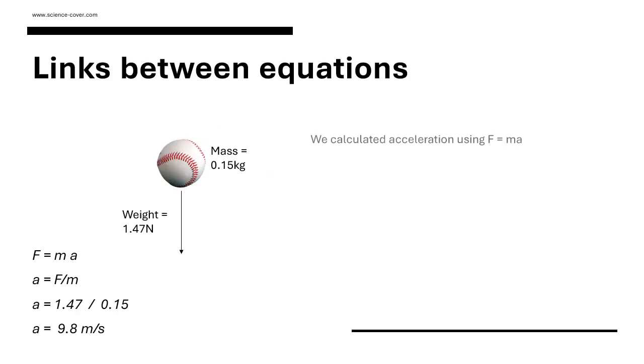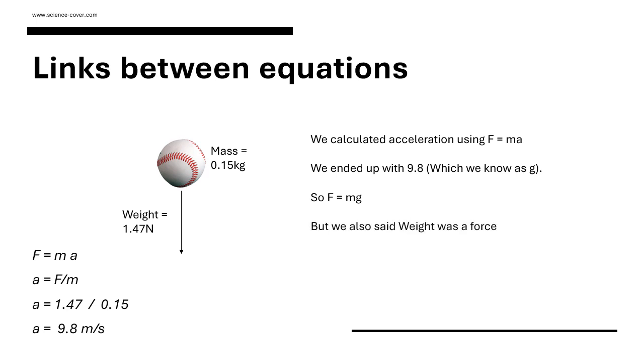We calculated the acceleration of the baseball using the equation F equals ma. Force is equal to mass times acceleration. And we ended up with an acceleration of 9.8 meters per second squared, which we call g. So we can substitute this into the equation so that F is equal to m times g.